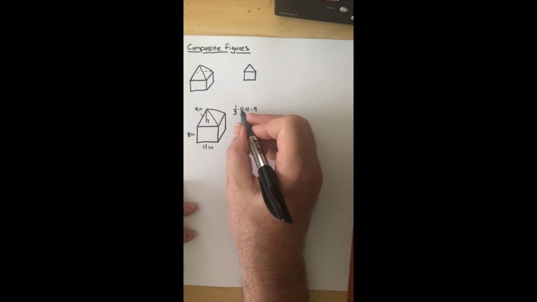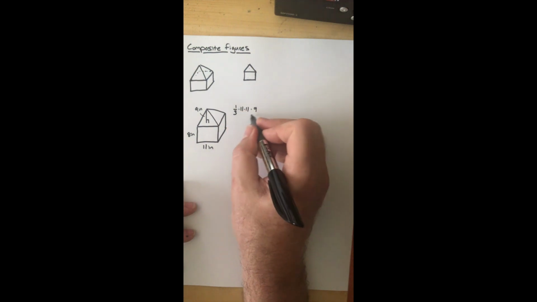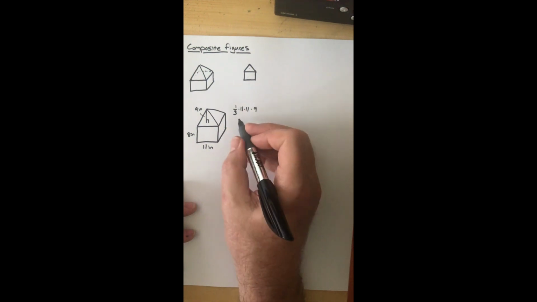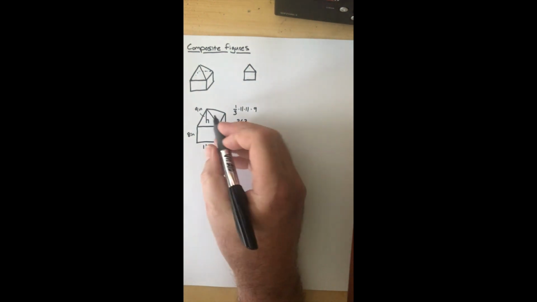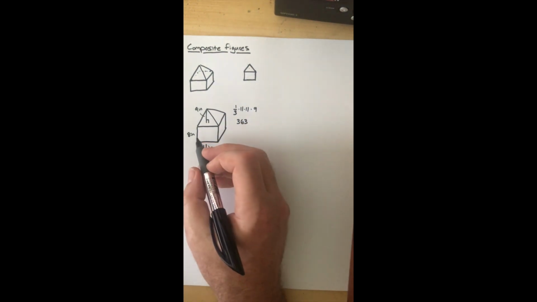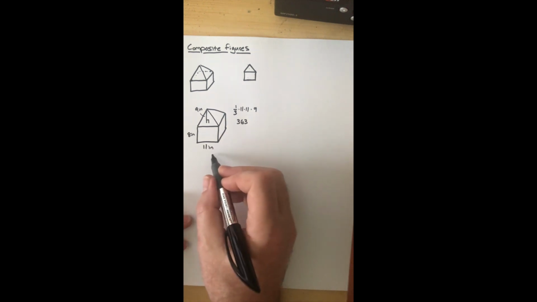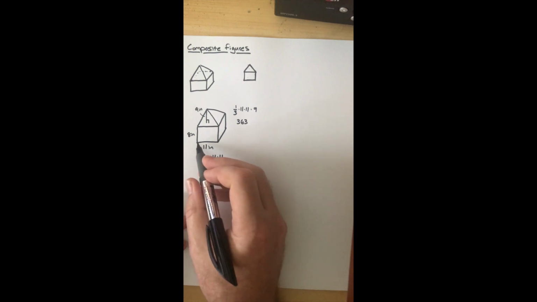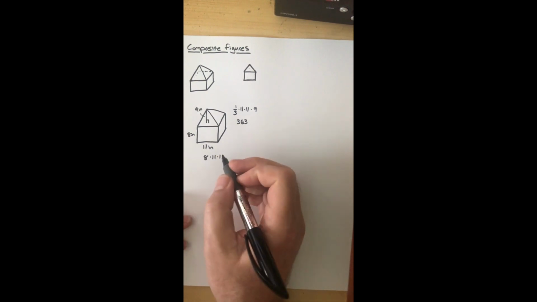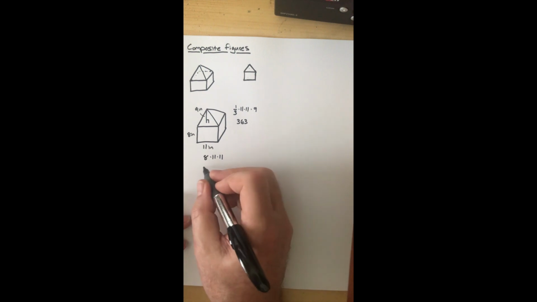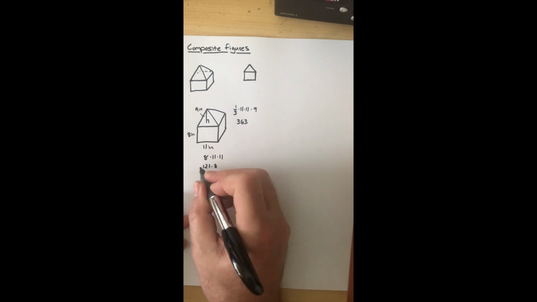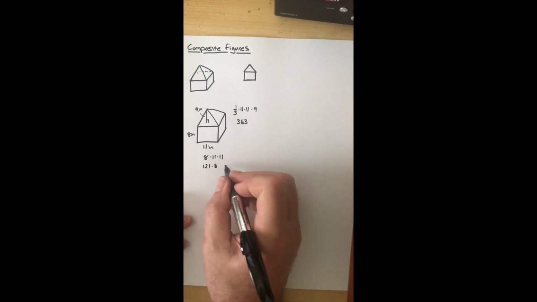So 11 times 11 is 121, 1/3 of 9 is 3, 3 times 121 is going to be 363 for the pyramid. Now the prism on the bottom is going to be 8 times 11 times 11. I know that 11 times 11 is 121. 121 times 8 is 800 plus 160, so 968.